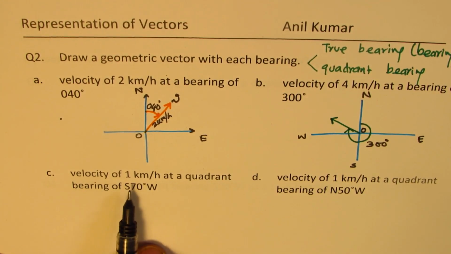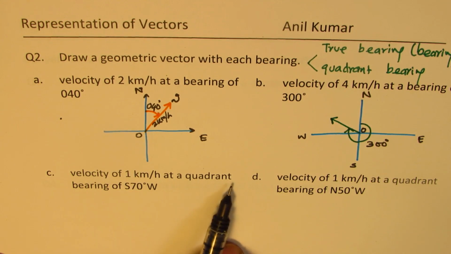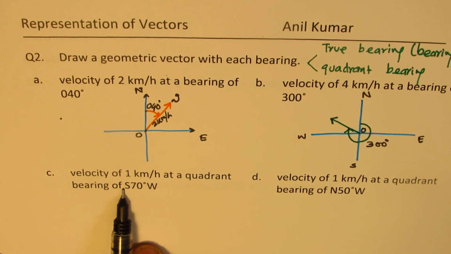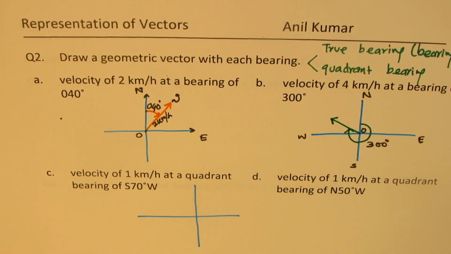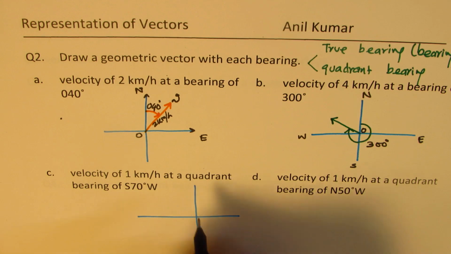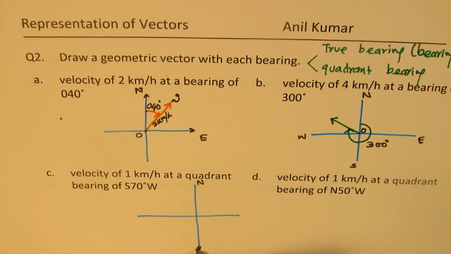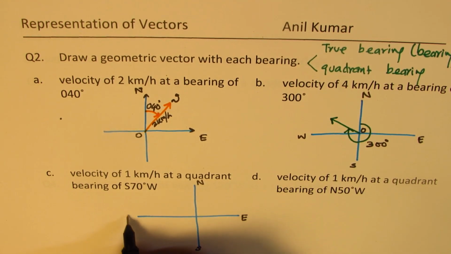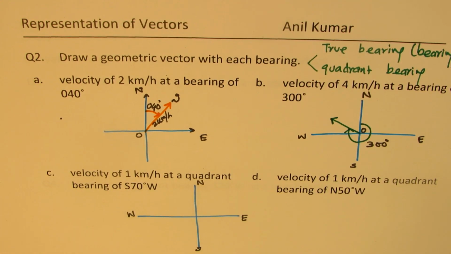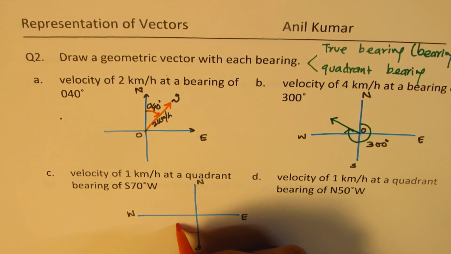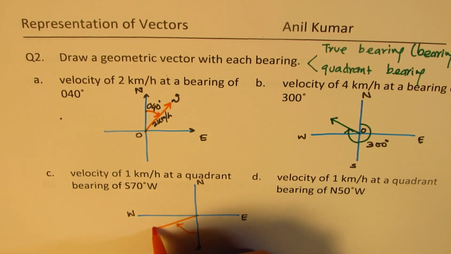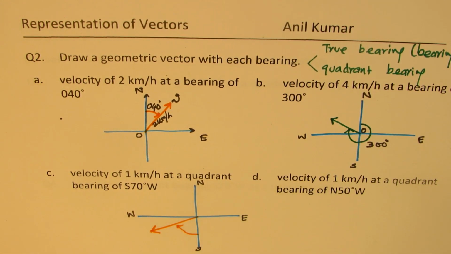Then we have velocity of 1 kilometer per hour at a quadrant bearing from south 70 degrees west. That means, now this is south for us. North, south, east and west. So 70 degrees west. So from south 70 degrees west. 1 kilometer.